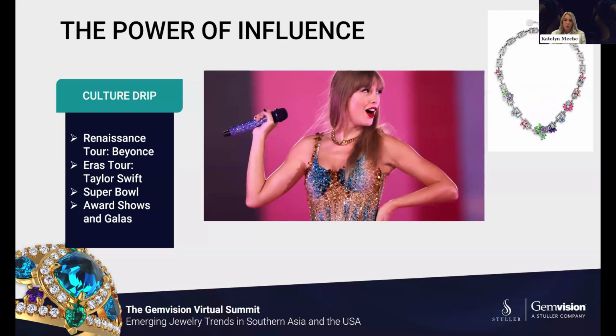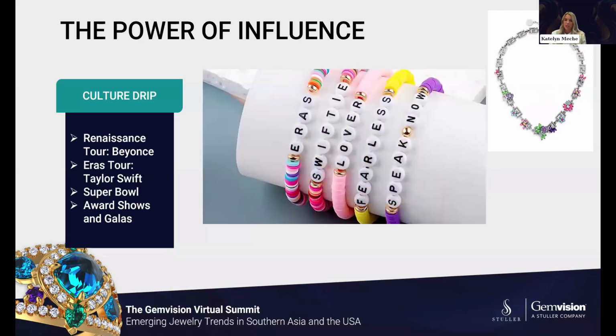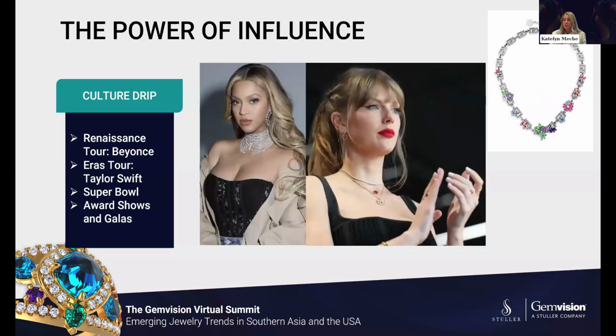And then we couldn't talk about Taylor Swift without talking about the friendship bracelet. It doesn't really get more custom and personalized than this. She has stormed America with the friendship bracelet look. And then, I never ever thought I'd be talking about the Super Bowl when it came to jewelry trends, but we really saw a ton of celebrities show up to the Super Bowl in some very dramatic jewelry looks.